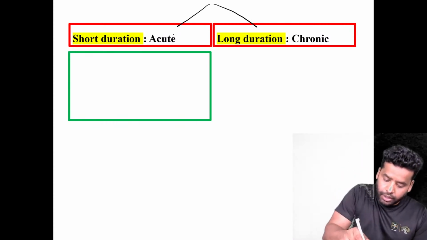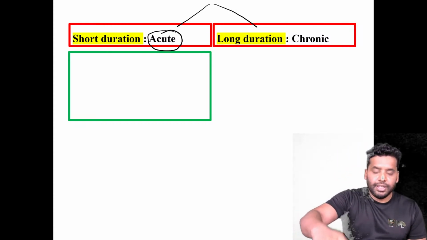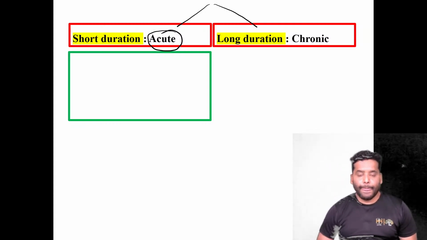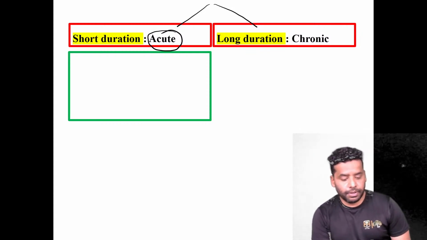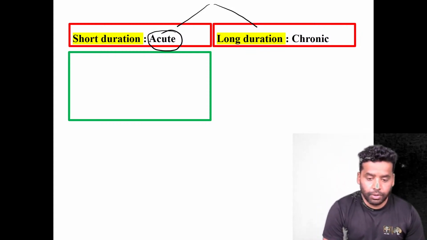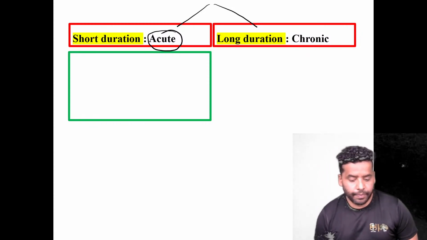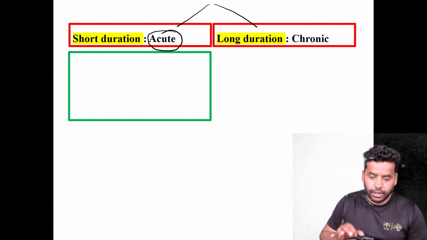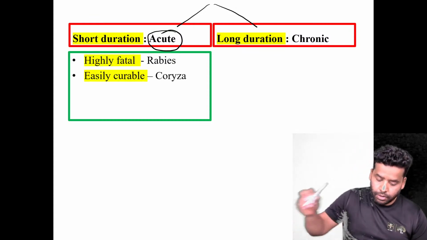Short duration means acute illness. Give some examples for acute illness which is easily curable, or highly fatal. Easily curable: yes, correct, common cold, coryza.